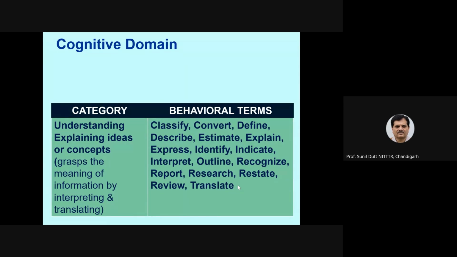Convert it into degree Celsius. Now, student can convert into degree Celsius only if he has understood the relationship between degree Fahrenheit and degree Celsius. So the verbs which are included in this level include classify, describe, explain, define, indicate, and so on.